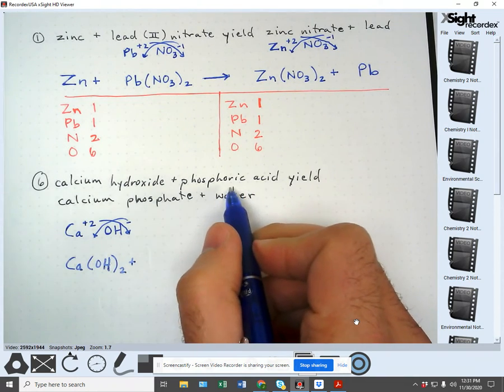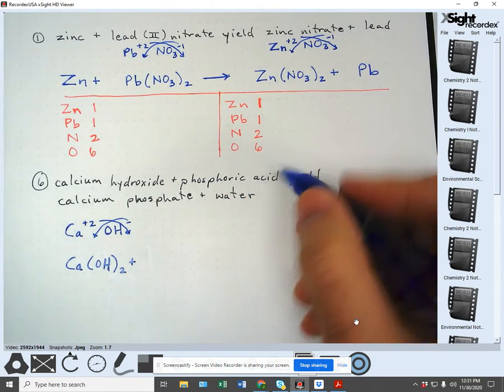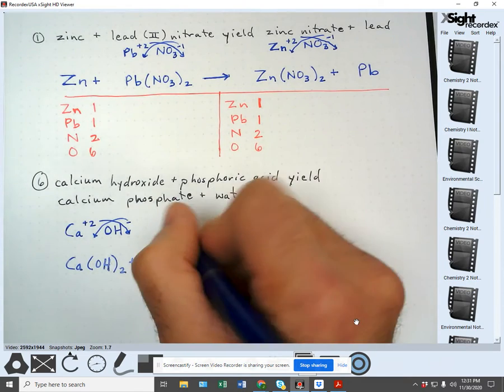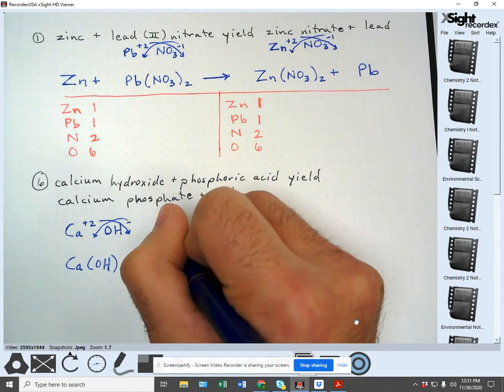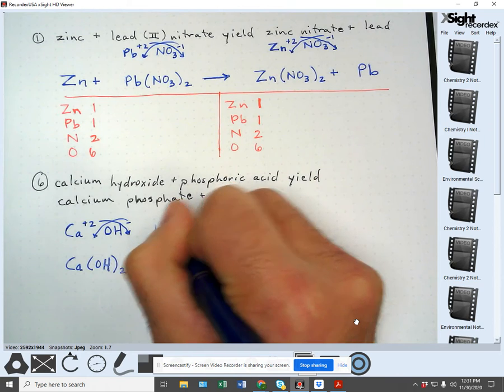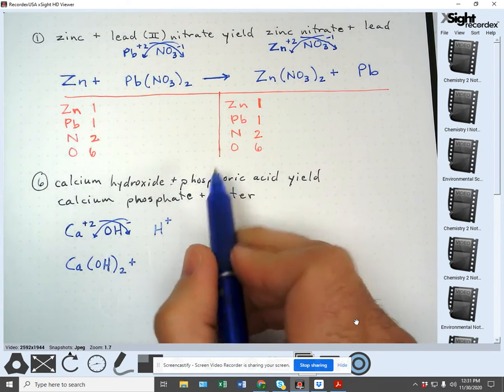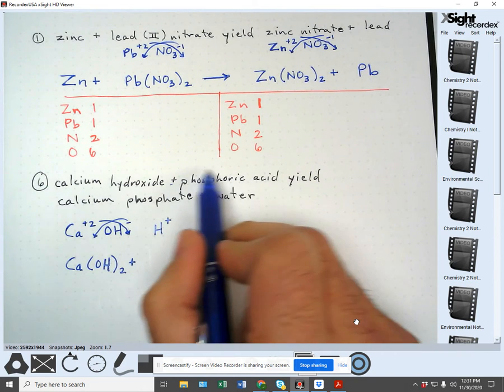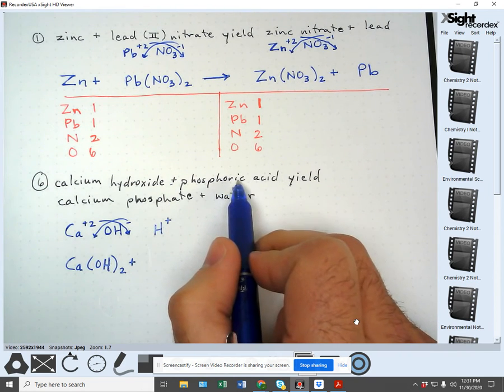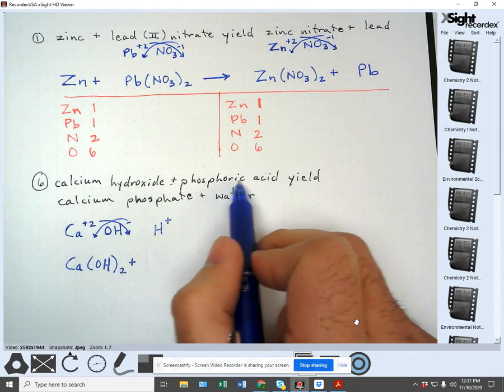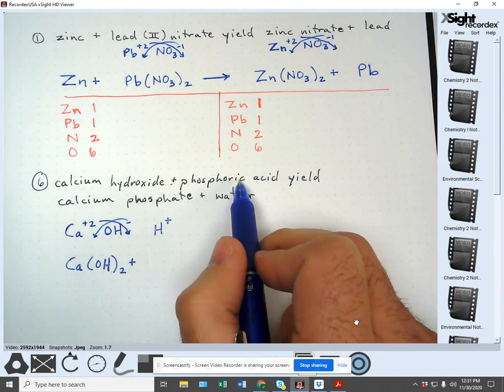Okay, plus phosphoric acid. Now this is an acid one, so that means all acids are going to start with hydrogen, right? H plus 1. There is no hydro. That tells me that I want the thing that gave me phosphoric, but instead of it could be H, so it'd be phosphate.